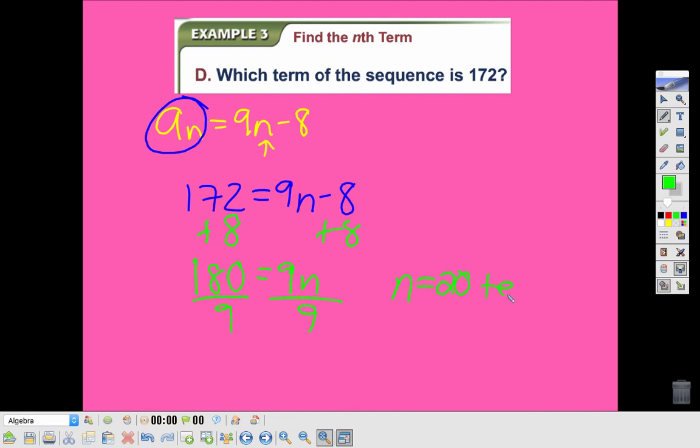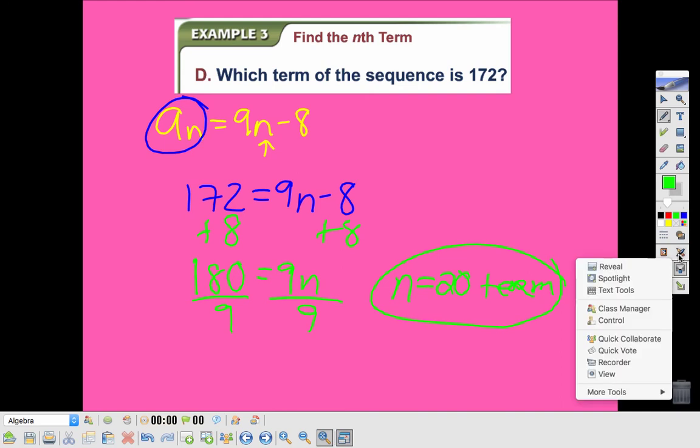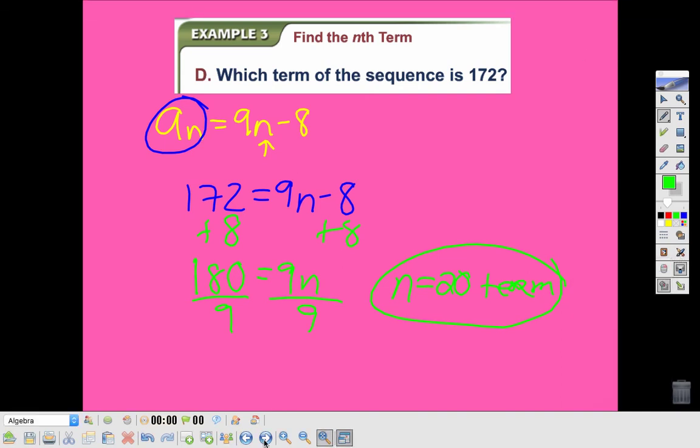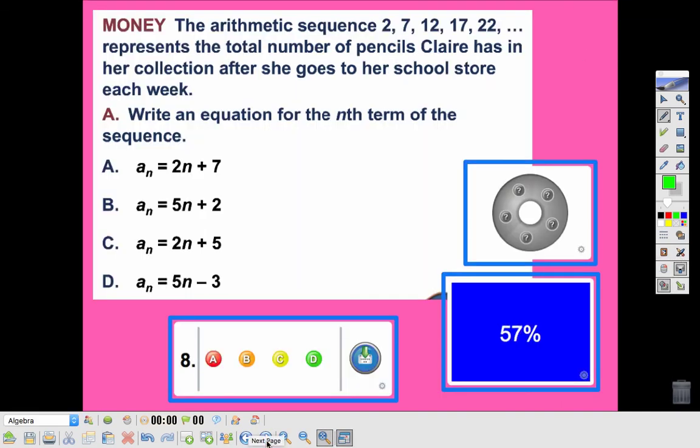We get 180 equals 9n. Divide by 9. So it would be the 20th term in the sequence. If you plug in 20 for n, you get out 172. Okay, so n is our term. N is the term we're plugging in, and it's equal to the final answer, what you would get out.